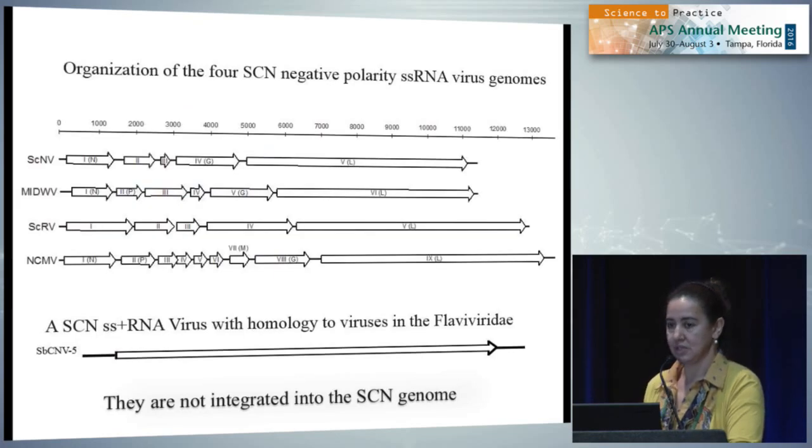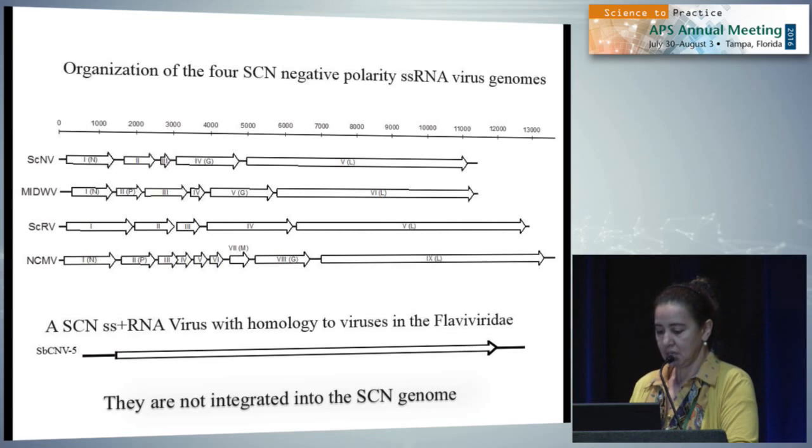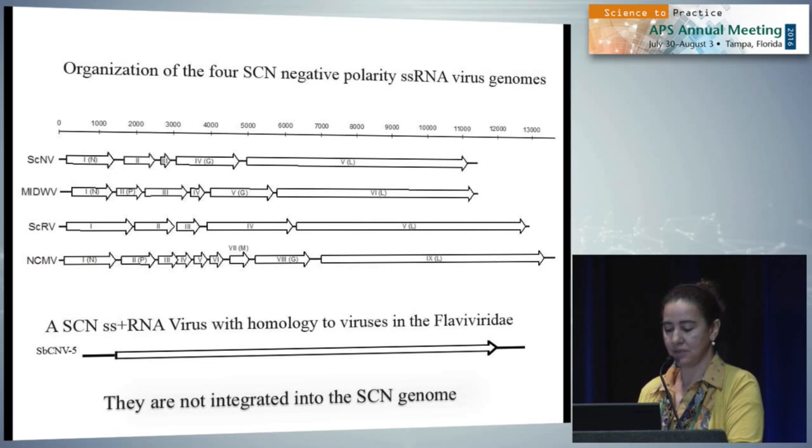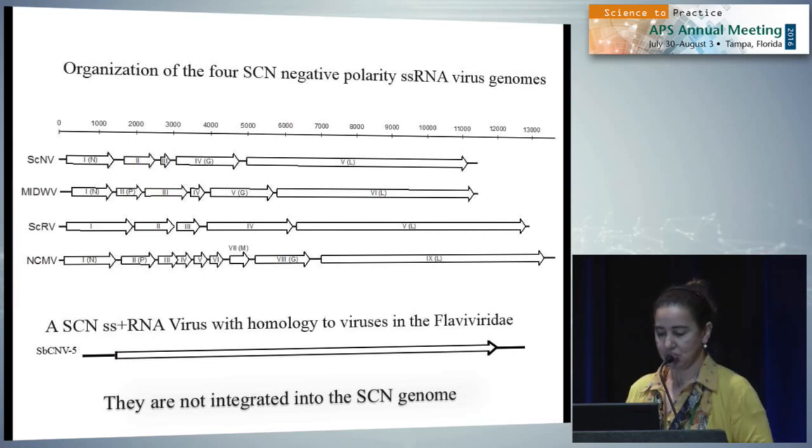When we looked closely, we clearly had very good homology of those viruses to different types of viruses. Some of them were insect-related viruses, and others were plant-related viruses. This slide shows the genome organization of 2 of those viruses, the SNV virus, which is a midway virus, closely related to the one of the nematode virus.